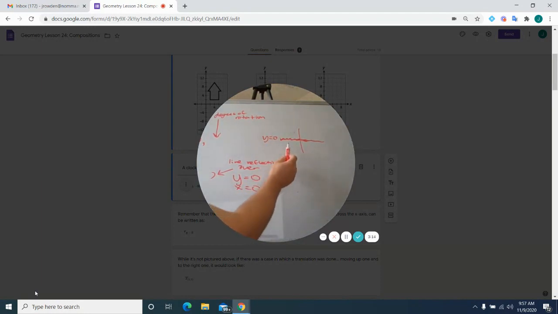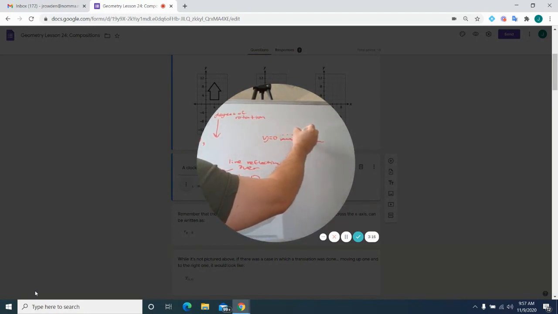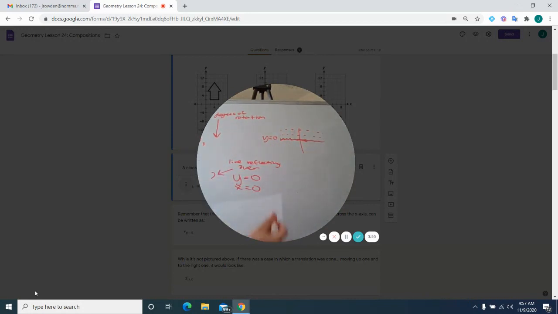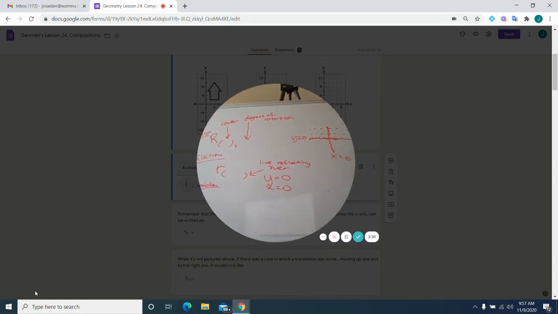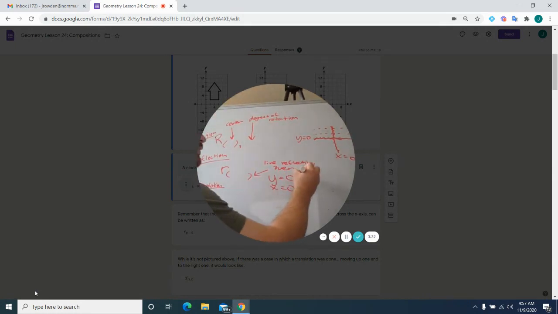Think about it: y is 0. If I went up here, it would be y equals 1. Here would be y equals 2. But right across here is the line y equals 0, and right across here is the line x equals 0. So y equals 0 is the x-axis, and x equals 0 is the y-axis.